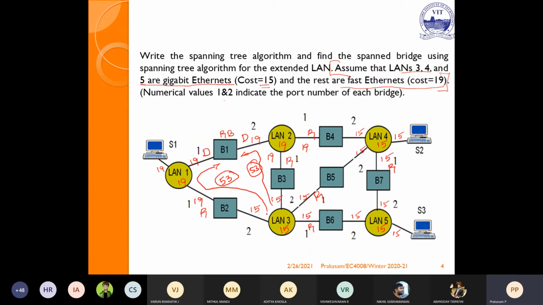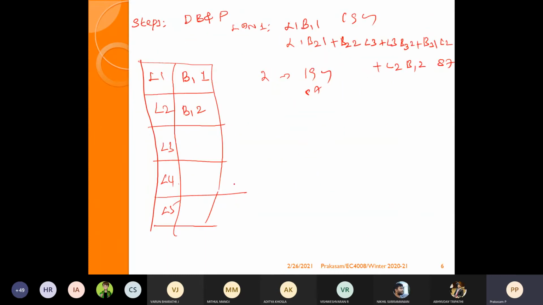Automatically B2 is the lowest bridge ID, since here we are not using any MAC address or physical address, we are only using the bridge number as the bridge ID. So for LAN 3, B2, 2 is the designated bridge and port. Even though the cost is equal on both paths, we select the lowest bridge ID as the designated bridge, and the respective port as the designated port.